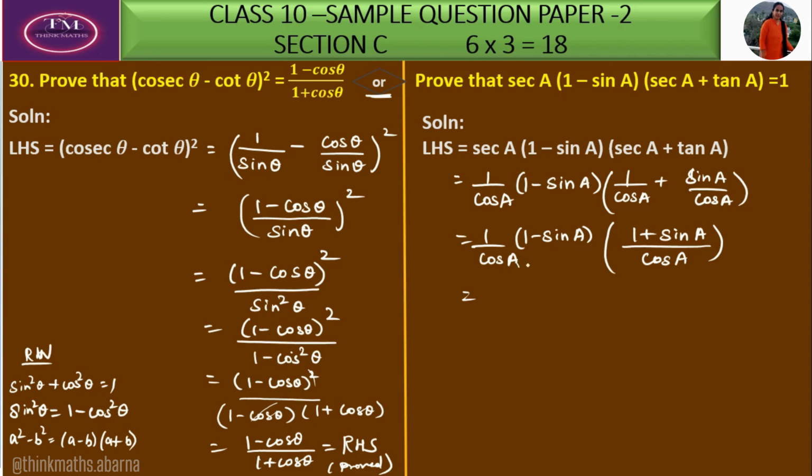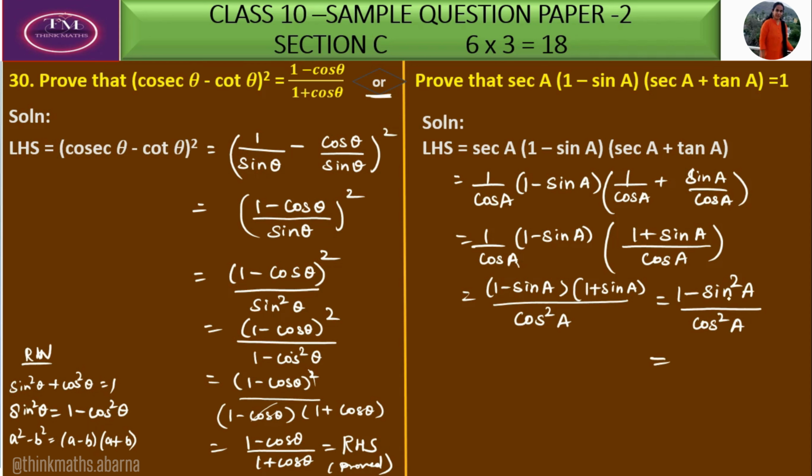In the denominator we have 2 cos's, so it is cos A into cos A, cos square A. What is in the numerator? (1 minus sin A) into (1 plus sin A). This is A minus B into A plus B, which is A square minus B square. Here A is 1 and B is sin A. So A square is 1 square, which is 1, minus B square. B square is sin square A divided by cos square A.